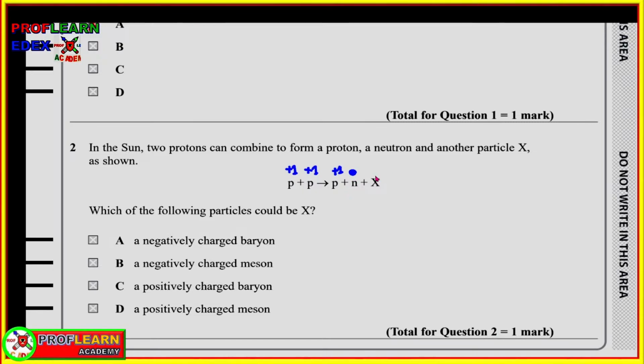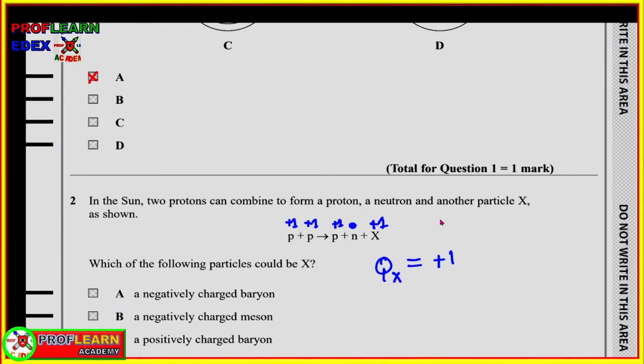Then it means for this reaction to take place, we must have X having a positive charge. So charge must be conserved, which means that the charge of X is going to be positive 1. So that's one of the things that we need to point out.